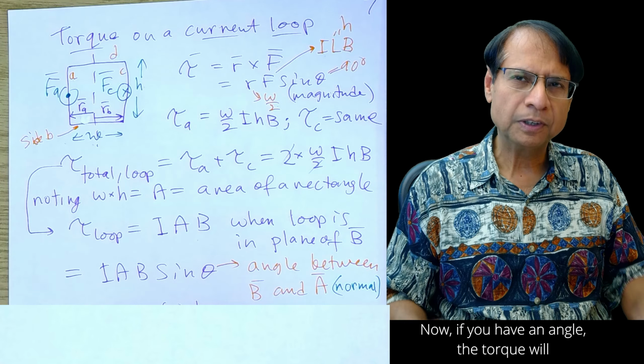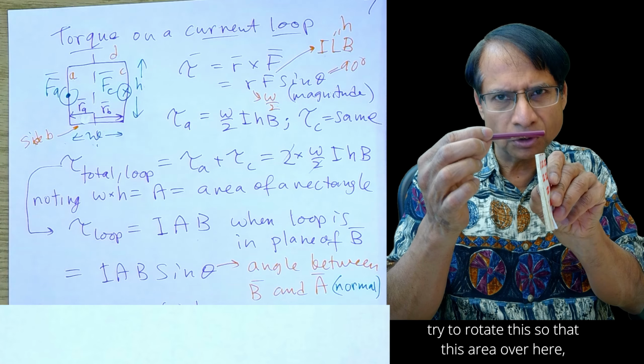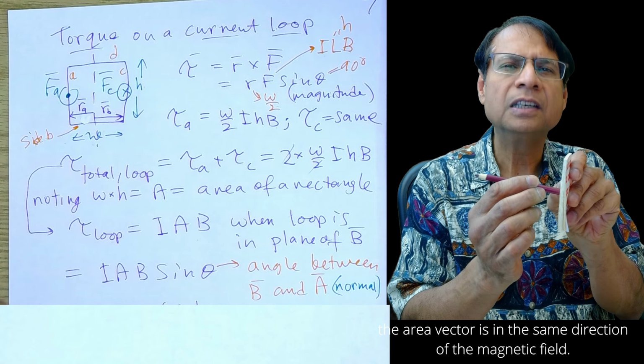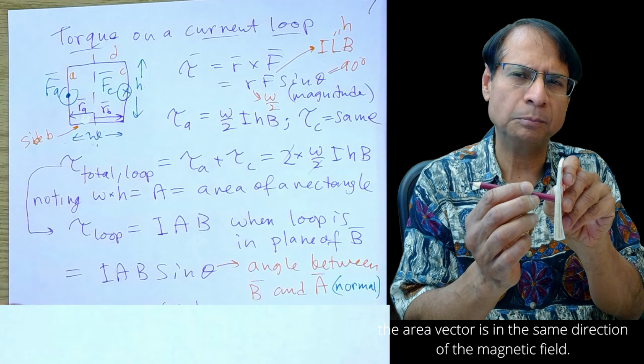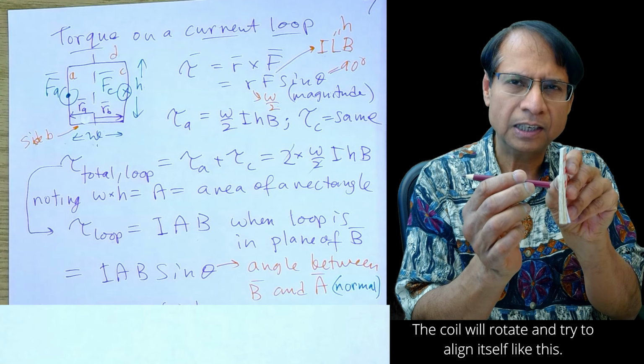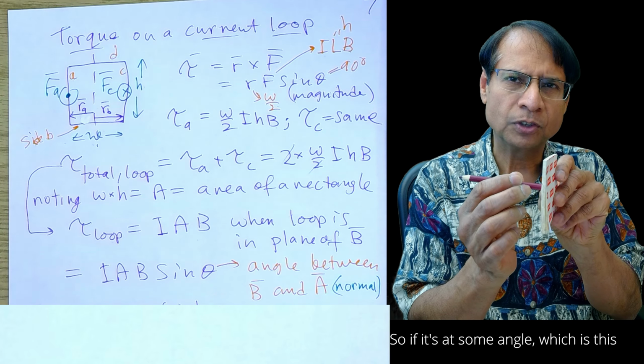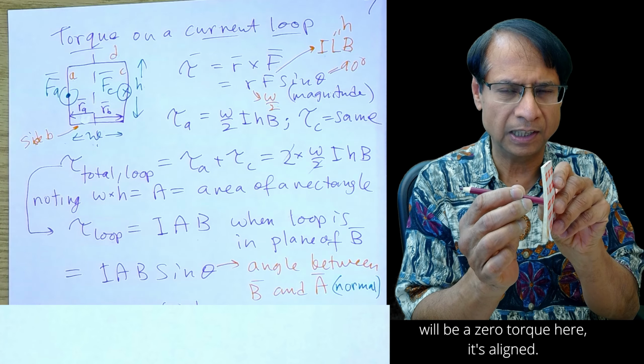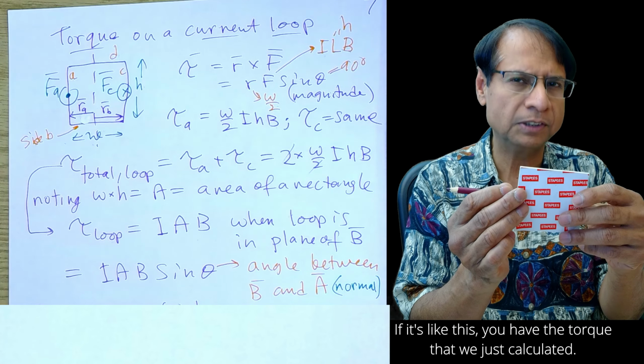Now, if you have an angle, the torque will try to rotate this so that this area over here, the area vector, is in the same direction as the magnetic field. The coil will rotate and try to align itself like this. So if it's aligned, you'll have a 0 torque. If it's like this, you have the torque that you just calculated.